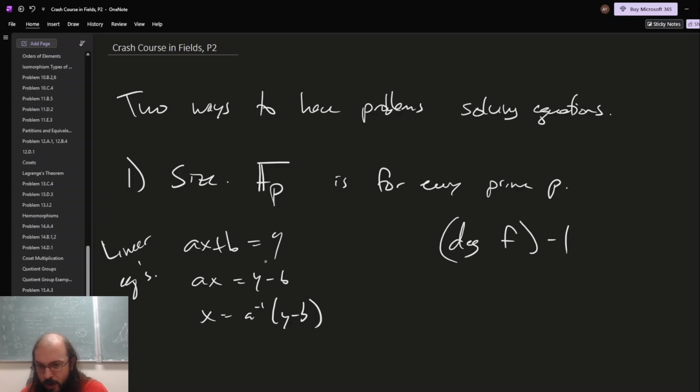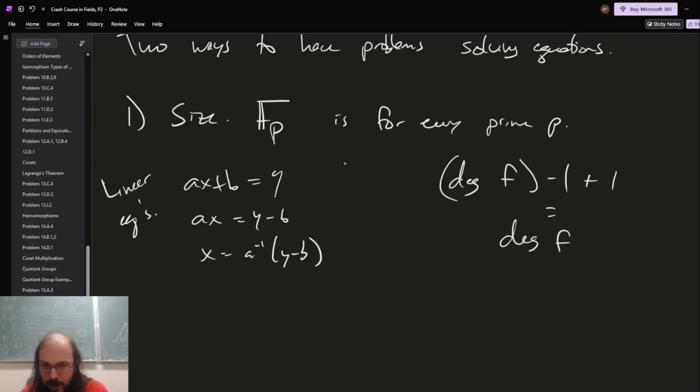Like if you have a quadratic equation, that's degree 2. Oh, sorry, that's not right. It's plus 1 again, because while the first term is fixed, there's also a constant term. So there'll be exactly degree f many parameters. And so if I have p things, there will be p to that many total equations possible.